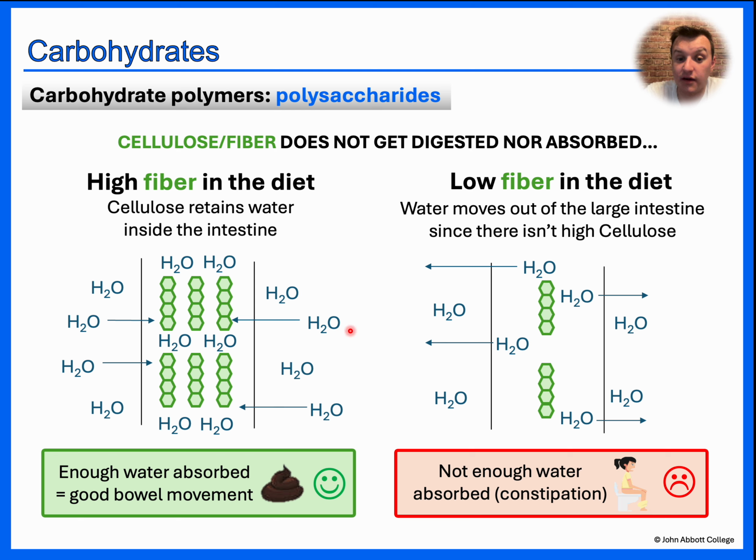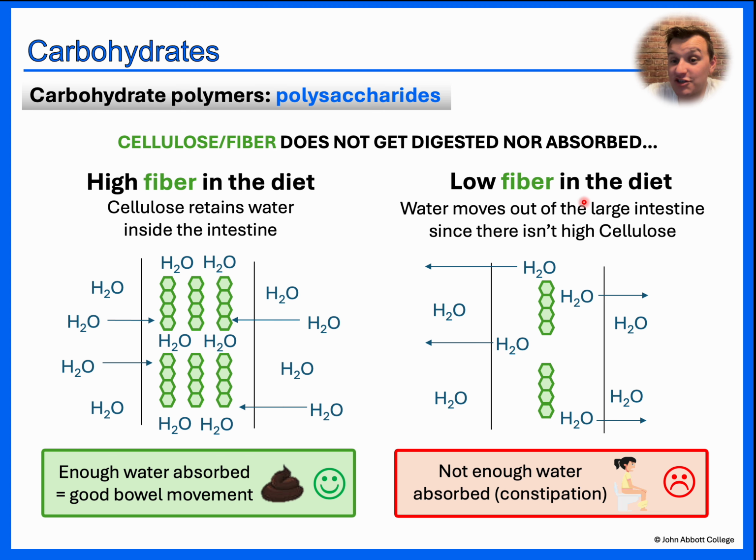Water will be attracted to the high amounts of solute over here, and it will pull the water into this intestine, and there'll be enough water absorbed into your intestine from inside the body, and therefore you'll have good bowel movements, right? It'll be watery enough to come out and expulse.